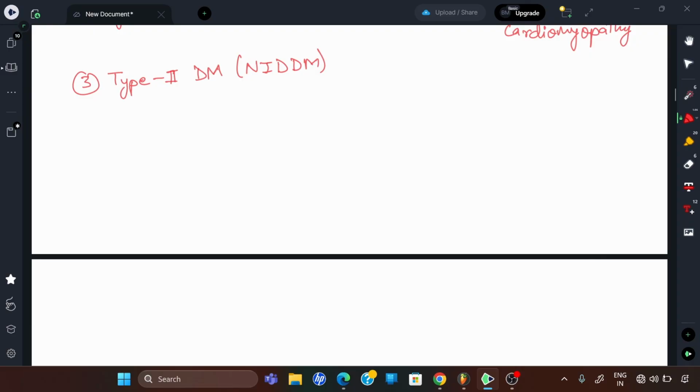So what happens here is that there is resistance to insulin at the level of skeletal muscle and adipose tissue, right? Now the pancreas will be releasing excess insulin, and there is resistance to the insulin.